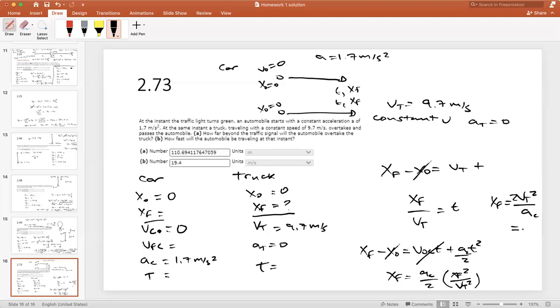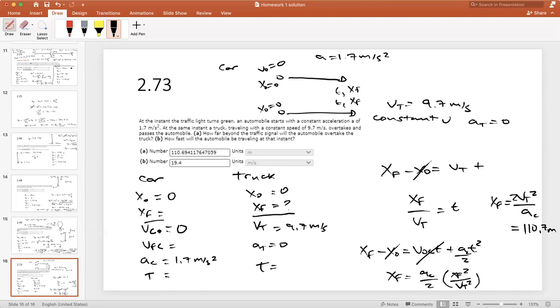That is 2 times 9.7 squared, 2 times 9.7 times 9.7, divided by the acceleration of the car, 1.7, and I get 110.7 meters. That is how far they went, and we're good.